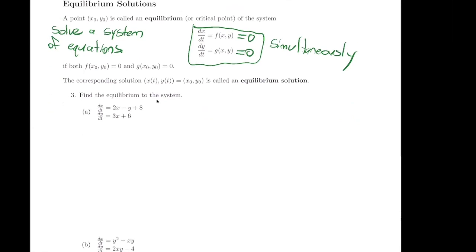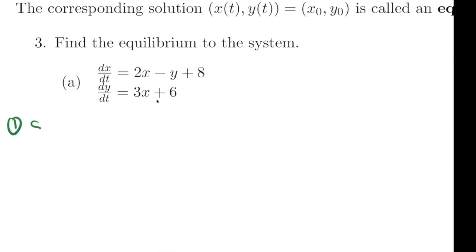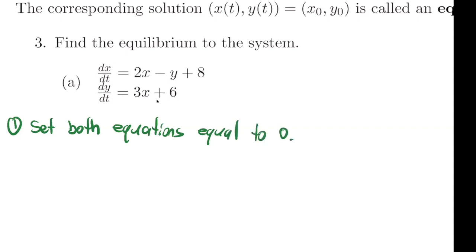We would first set both equations equal to 0. Now we want to find values for x and y that are going to make both of those equations 0.